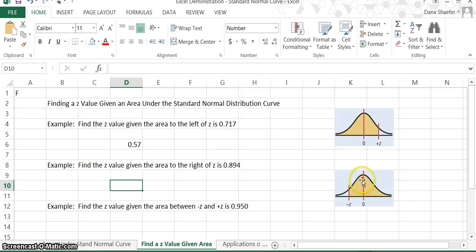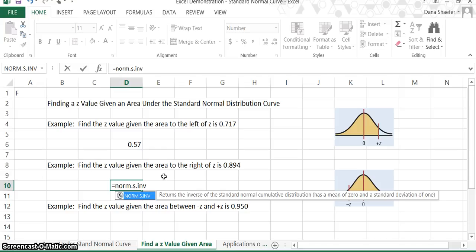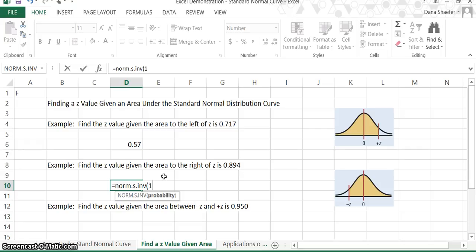So we're given this one. And so when I use this command, I'm going to say equals NORM.S.INV. So I want it to do the inverse normal of the complement, 1 minus 0.894.